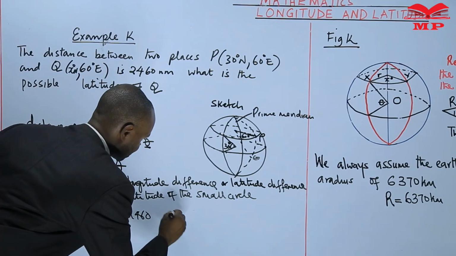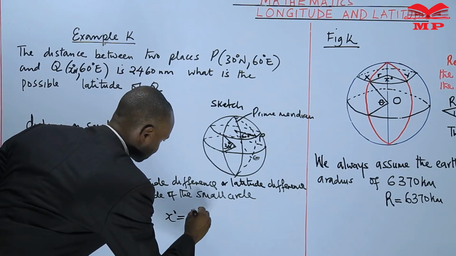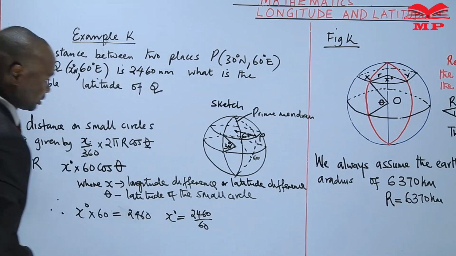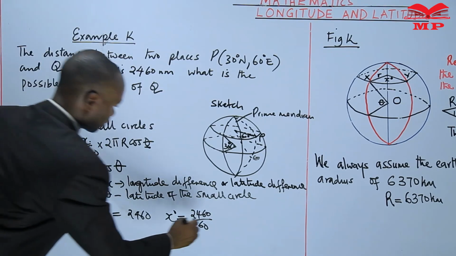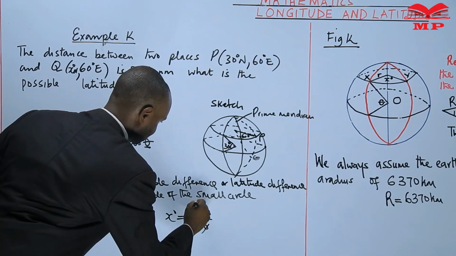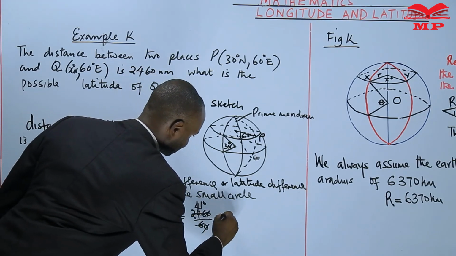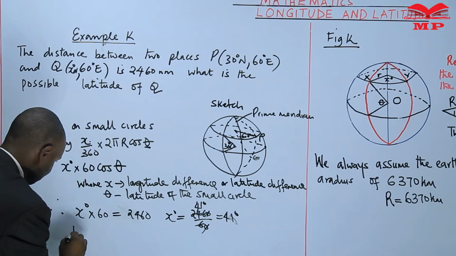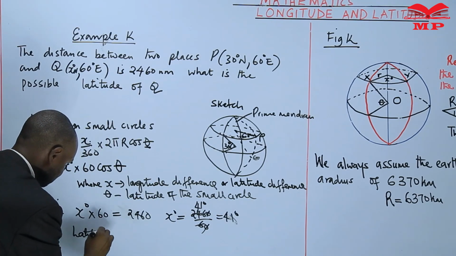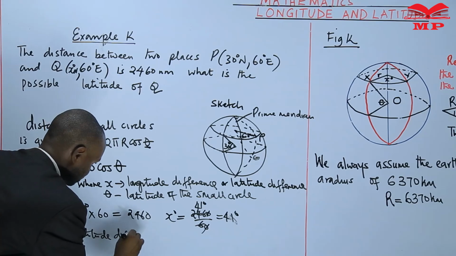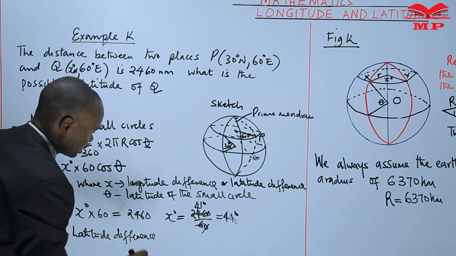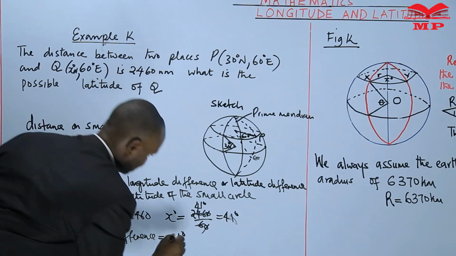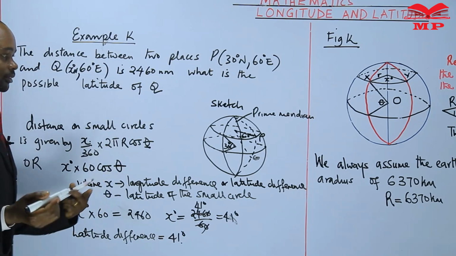So x degrees will be equal to 2,460 divided by 60. On working out, you'll get 41 degrees. That is the latitude difference. So it comes to a place where you have to reason.